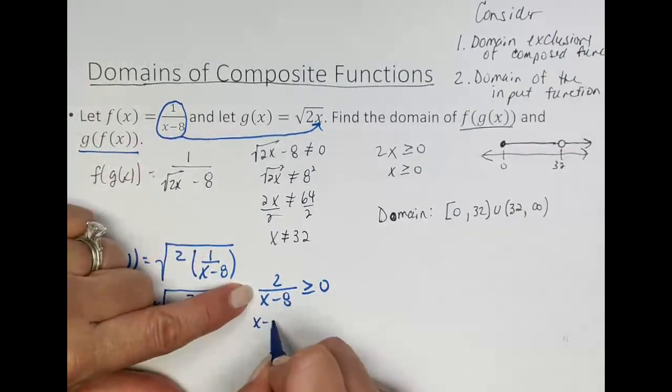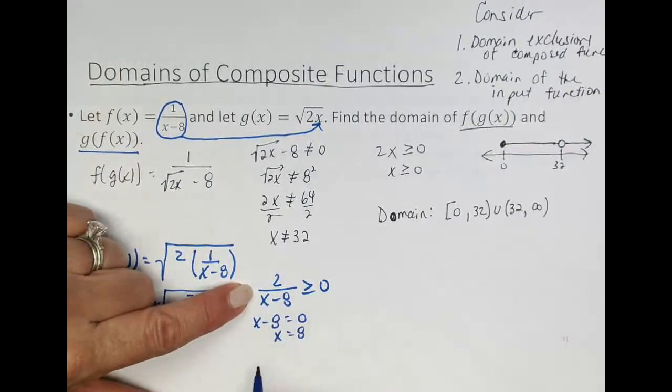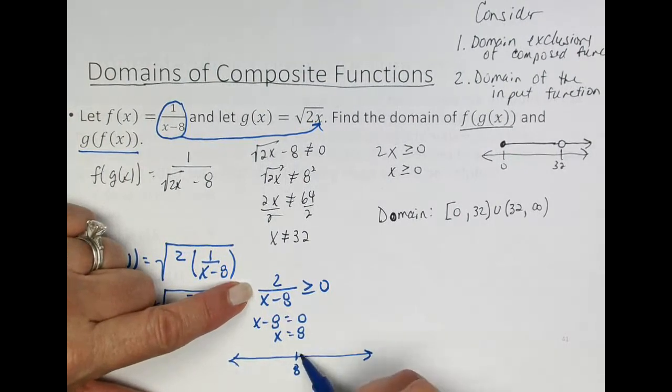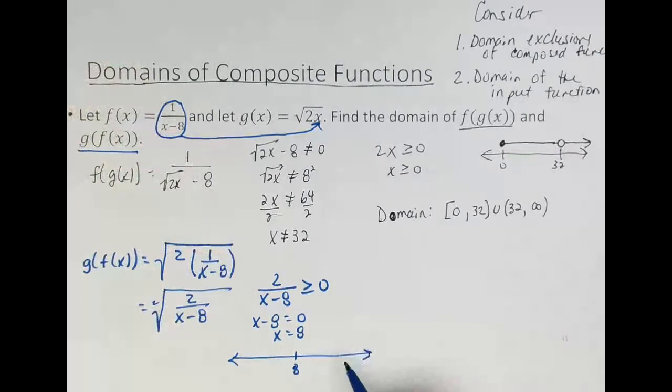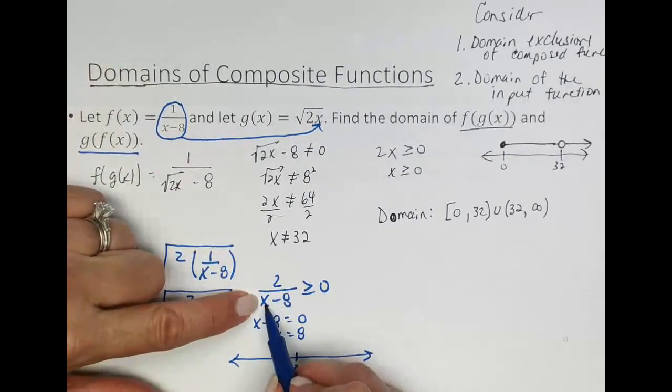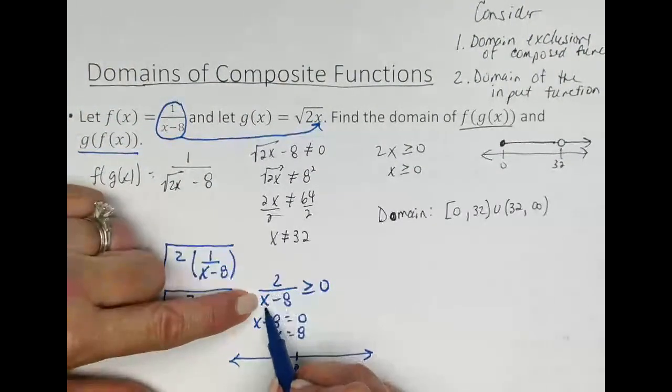If x minus 8 is equal to 0, then x is 8, right? On the number line, I've got 2 intervals at x equals 8. It's either going to be the interval of values less than 8, or the interval of values greater than 8. If we put any value less than 8 in here for x, what happens? 2 over x minus 8 becomes negative. If I did 7, this would be 2 over negative 1, and it's negative, not greater than or equal to 0.